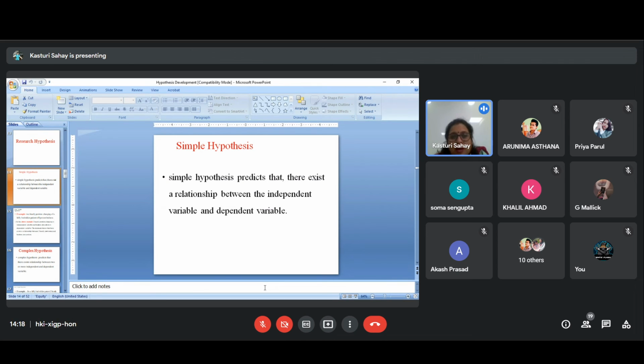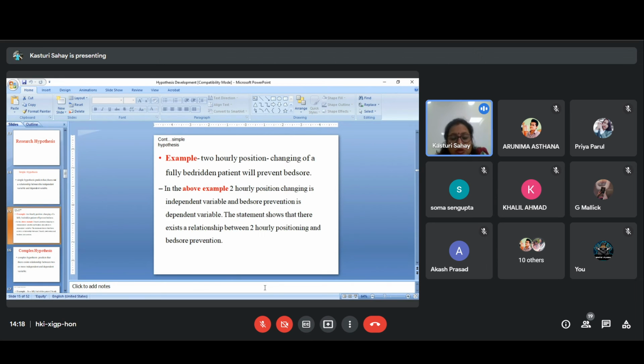So if you plan to have a simple hypothesis, that is when you're doing your research or your research objectives, and you identify that you have only one independent variable and one dependent variable, and you're trying to predict the relation between the two, that is when we use a simple hypothesis. For example, too early position changing of a fully bedridden patient will prevent bed sore, right?